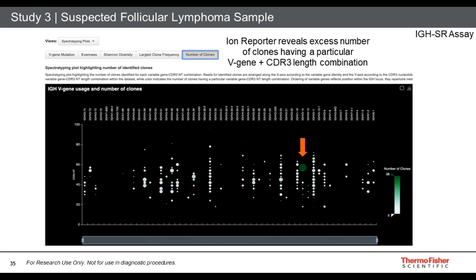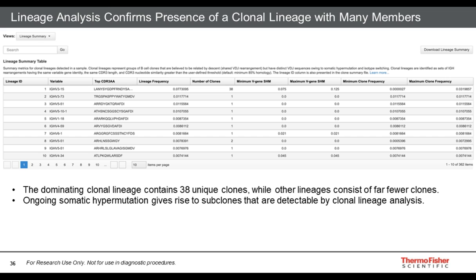So by clicking that button, you can note that there's something unusual here. One part of the repertoire has an excess of clones, as we suspected, and this may be consistent with follicular lymphoma. And the information displayed on this plot is also shown within the lineage summary table.